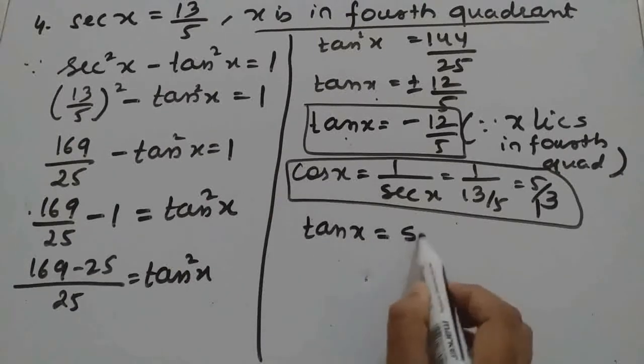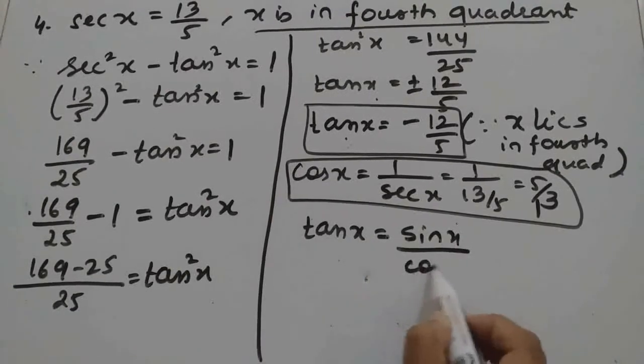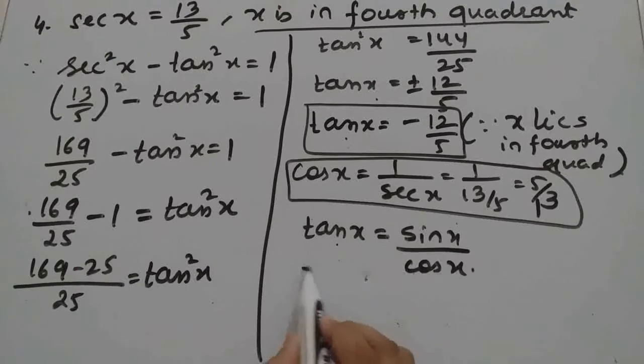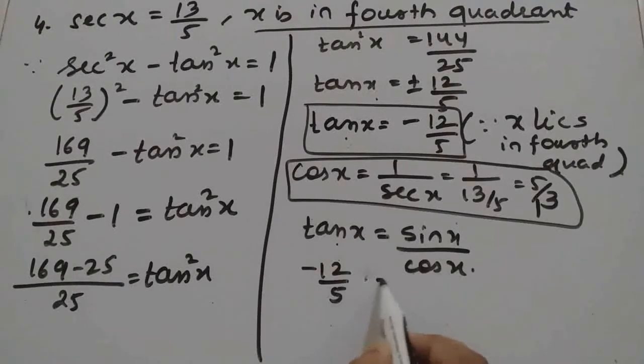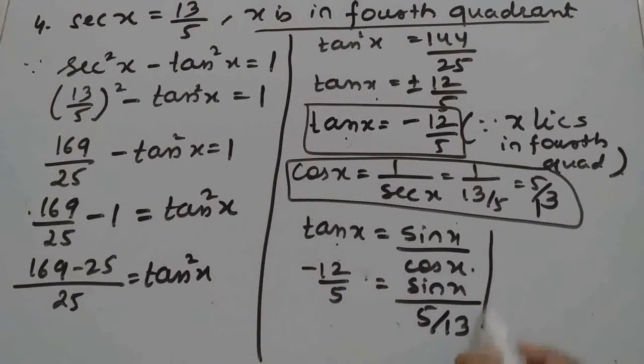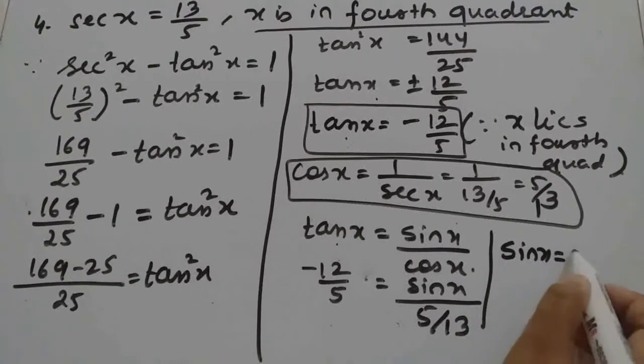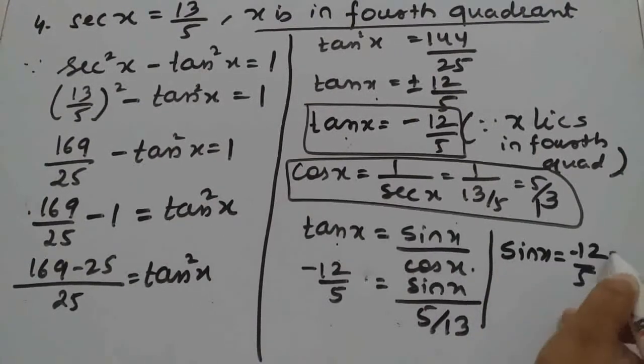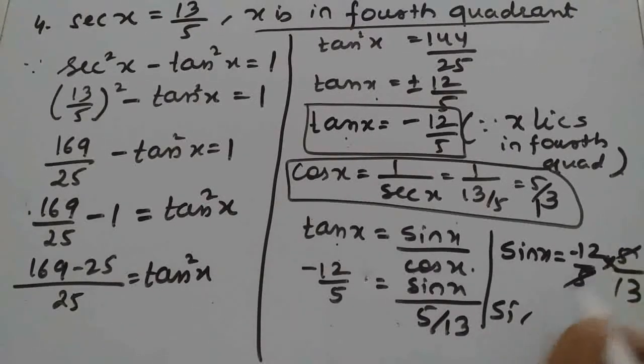Sin x by cos x, isn't it? So tan x is minus 12 by 5. Sin x we should find. Cos x just now we got, 5 by 13. So sin x will be minus 12 by 5 into 5 by 13. So 5 will go. Sin x will be minus 12 by 13.